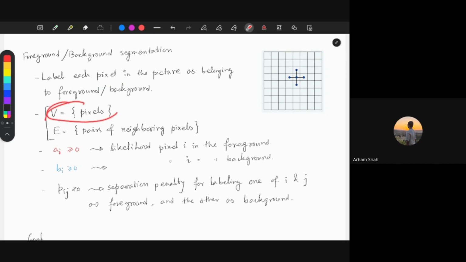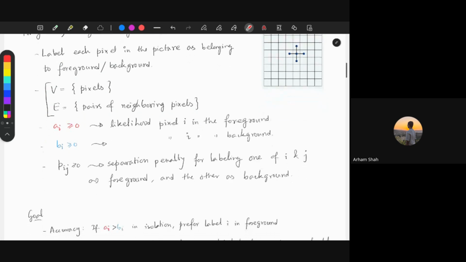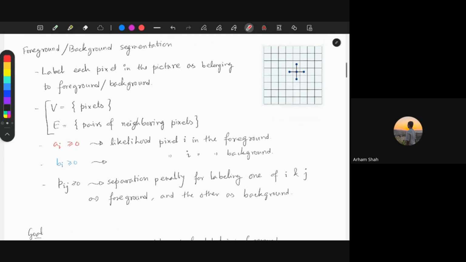You have the vertex set as all the pixels, and the edge set will be the pairs of neighboring pixels. And you define some values according to the likelihood that a pixel is in the foreground or background. Let a_i be the likelihood that pixel i is in the foreground, and b_i the likelihood that pixel i is in the background.